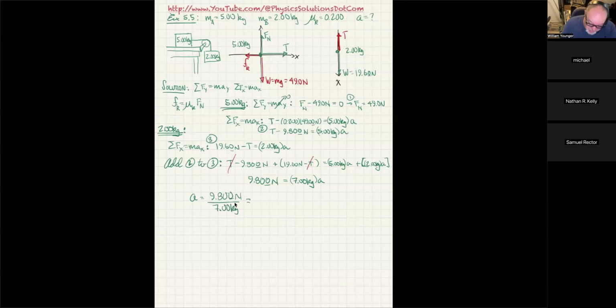So if I divide 9.8 by 7, that gives me 1.400, and I obviously only had three sig figs. So that's 1.40 meters per second squared is equal to the acceleration A. Any questions on that?